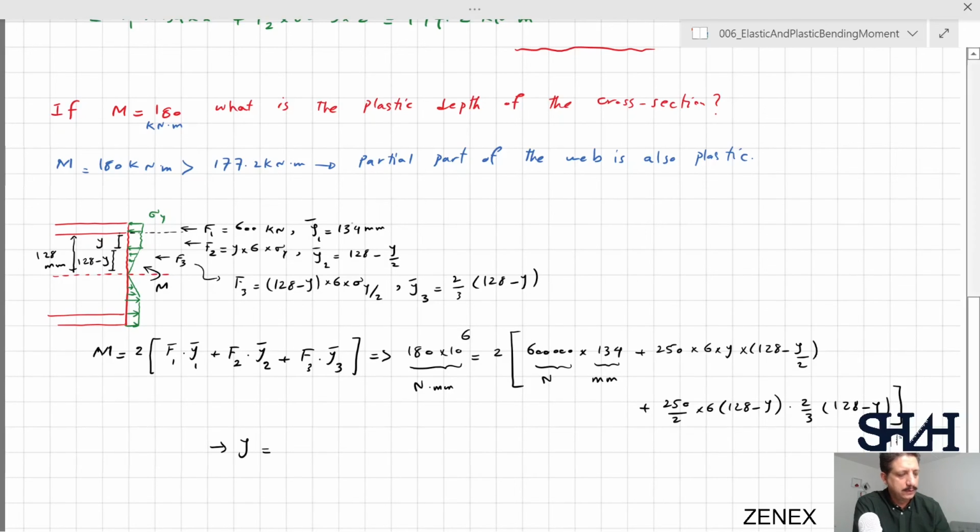And then you can solve it. So Y is 11.82 millimeter.